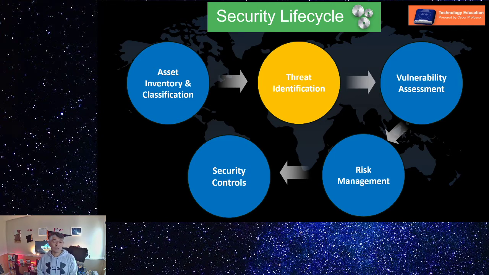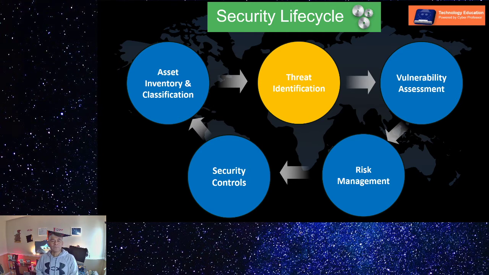So security controls are not only software and hardware that we buy. Remember, security controls also include user training, and it also includes the creation of policies and procedures in written form that mandate how our company will behave.